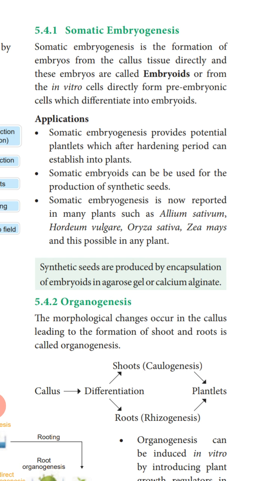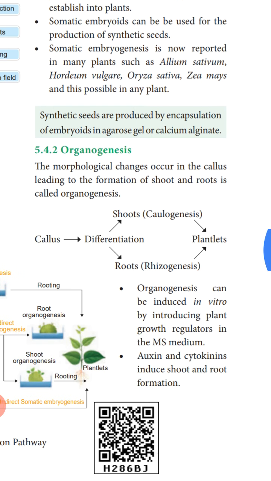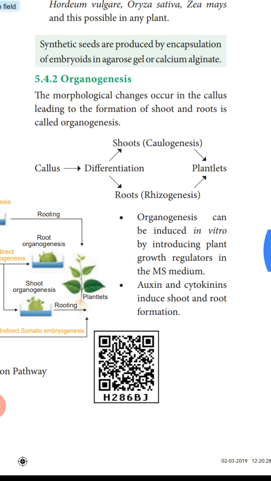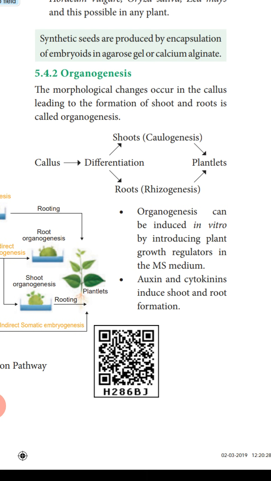Next is organogenesis. The morphological changes that occur in the callus leading to the formation of shoots and roots are called organogenesis. That is, the callus will undergo differentiation. Differentiation we have already studied; it is a change in form. If the callus cells develop into the shoot, this is called callogenesis.